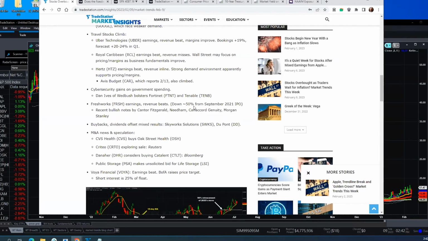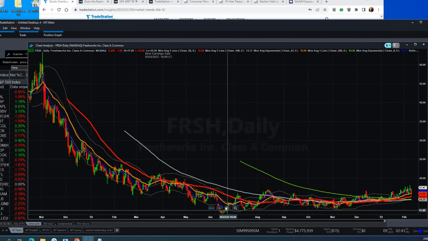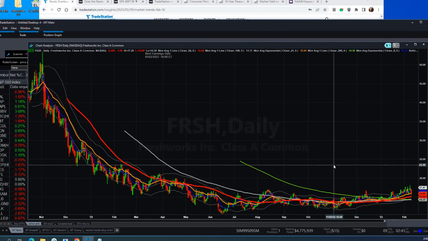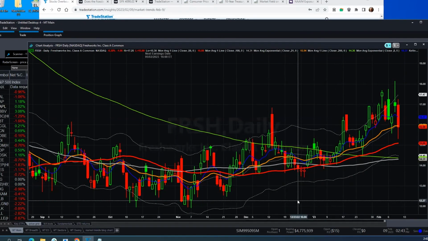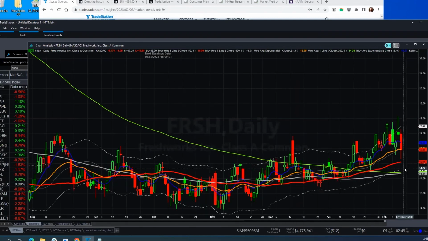There's a bunch of bullish notes coming out on it. So again, the analysts start to step in, and this has been going sideways for 10 months here. So I'm not saying I'm bullish on it or recommending it. I'm just saying that if these companies are starting to have some fundamental things that are positive, we're at a point now when people are going to start to pay attention to those real things.